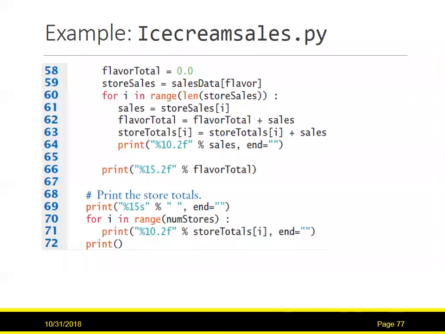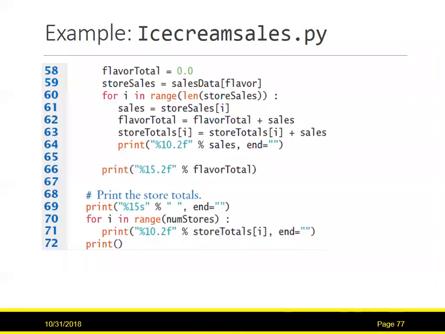So flavor would be the key, and we are pulling out the list of sales for that flavor, and then iterating over our number of stores and calculating flavor totals, setting the sales for that store, and setting the totals for that store. And printing out the sales for that flavor.